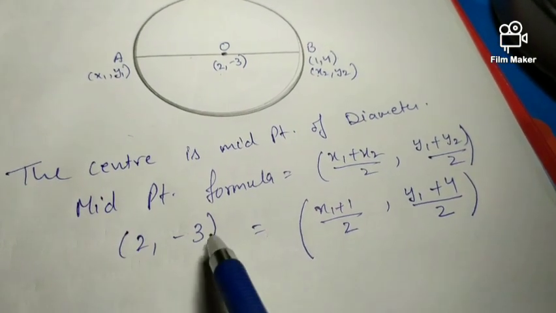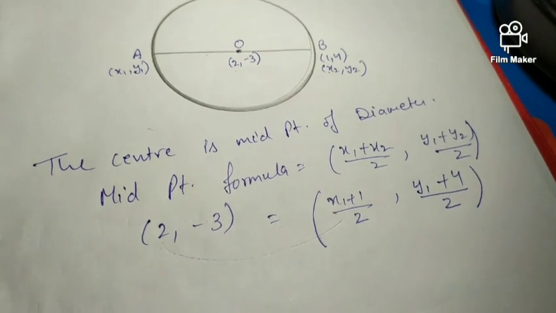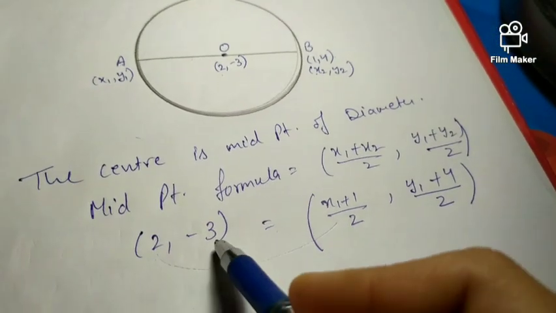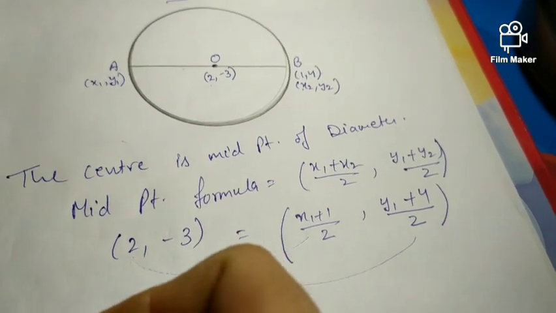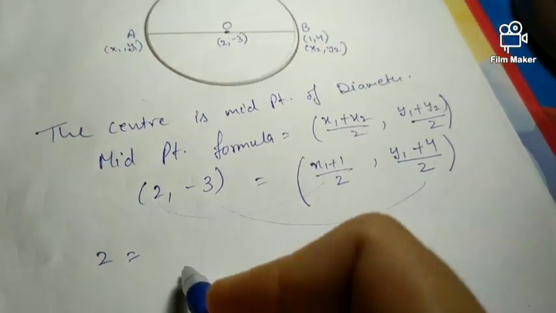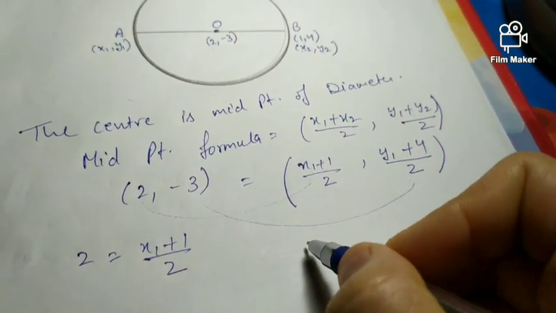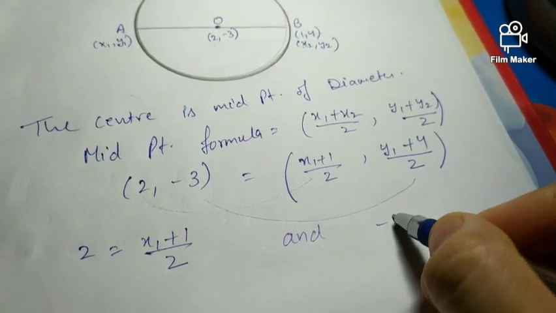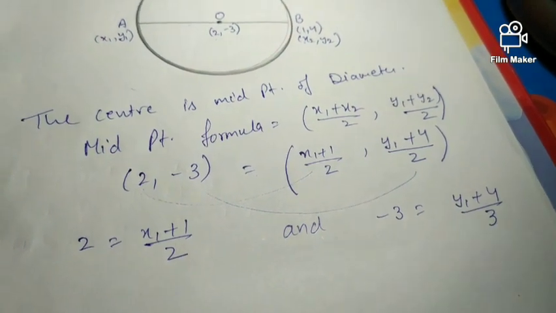We know in an ordered pair, the first element is always equal to the first one, the second element is always equal to the second one. So 2 must be equal to (x1 plus 1) by 2, and minus 3 will be equal to (y1 plus 4) by 2.